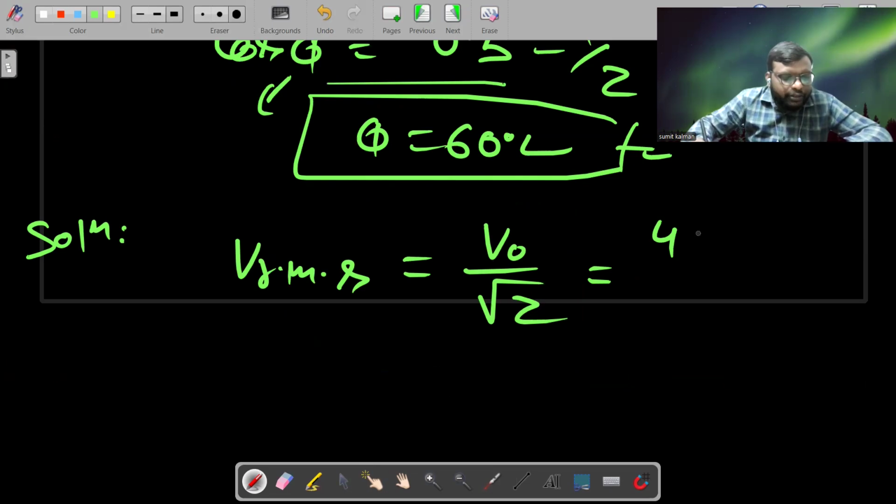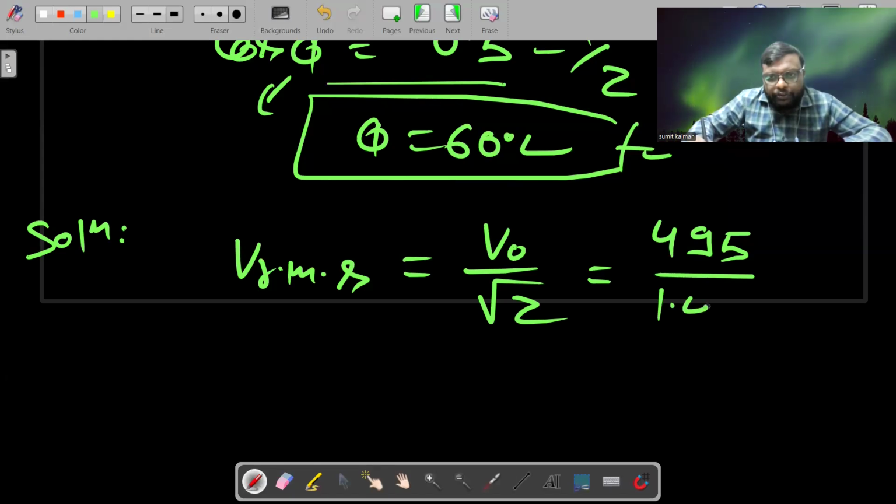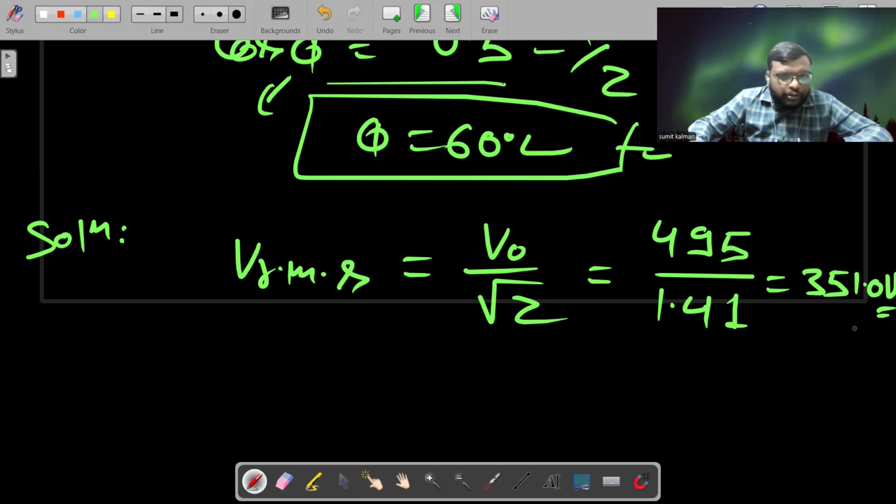So students, here V naught is 495 upon the value of root 2, which is 1.41. So here it will come out to be 351.0 volt. So we have got this RMS value of voltage.